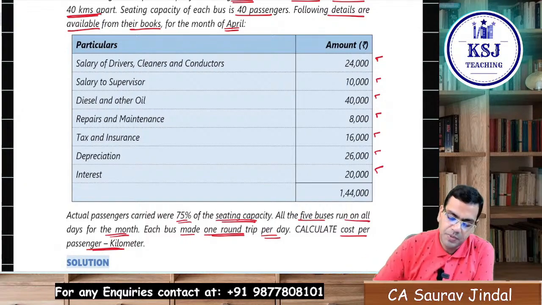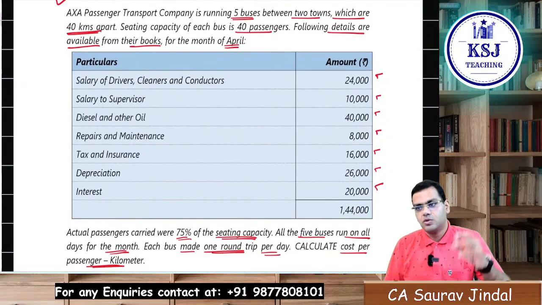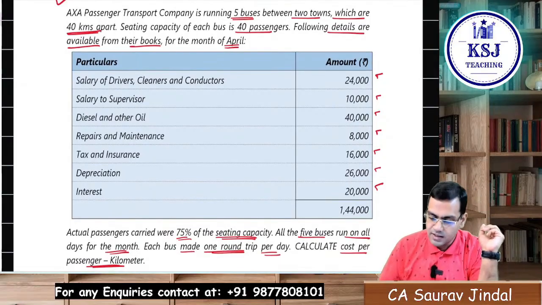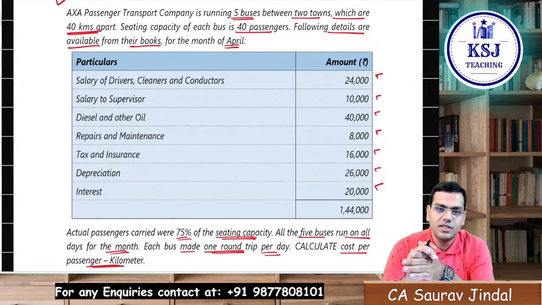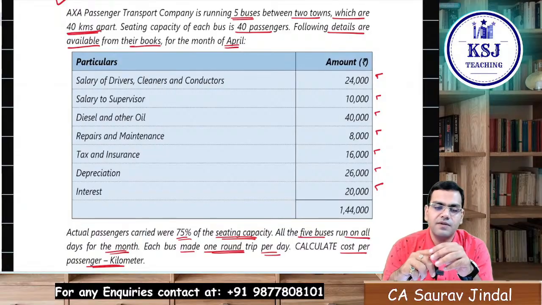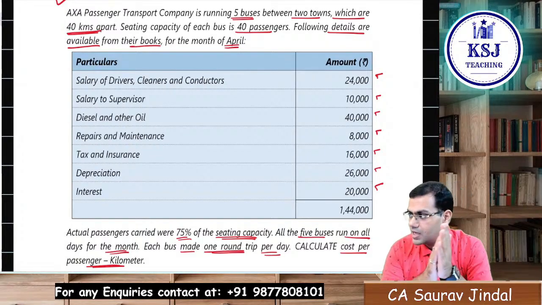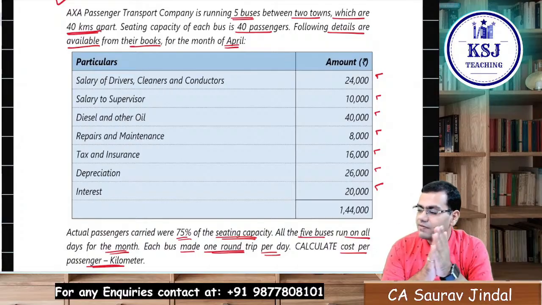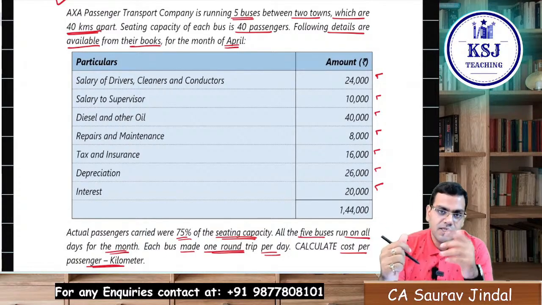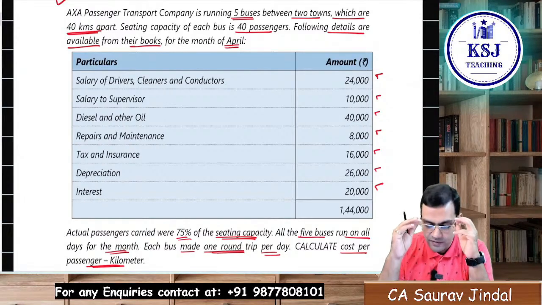Okay, in this particular question, my first question to all of you, that sir, this data, whatever the cost is given, whether it is the cost given for one bus or whether it is the cost given for all the 5 buses. Please read the question very carefully and let me know whether the information is given for one bus or whether the information is given for all the buses combined.